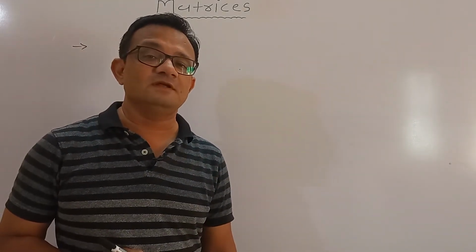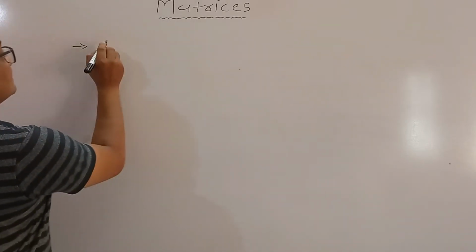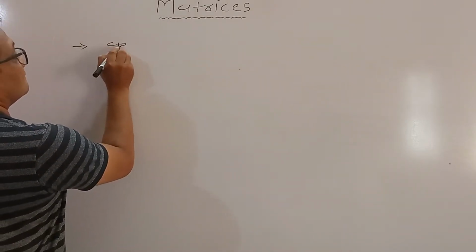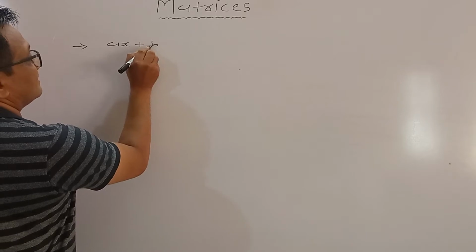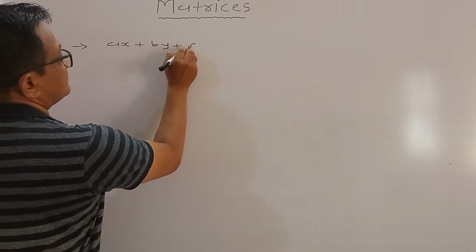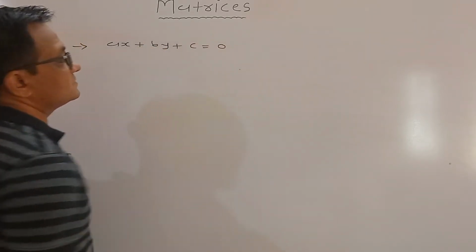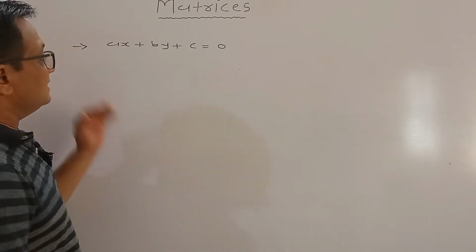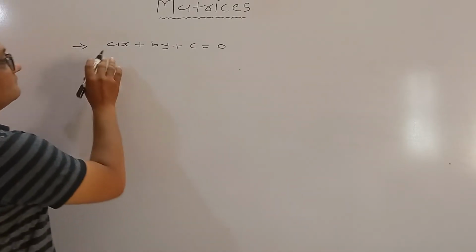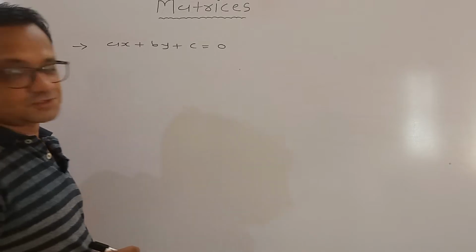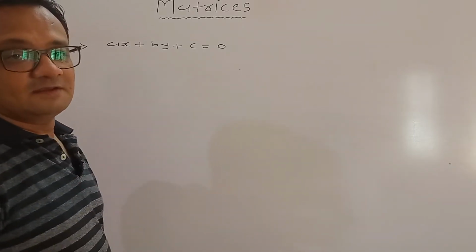First of all, I write down the general equation of a two variable linear equation. We all know the two variable linear equation ax plus by plus c is equal to 0, where a, b, c are constants, and x and y are variables.